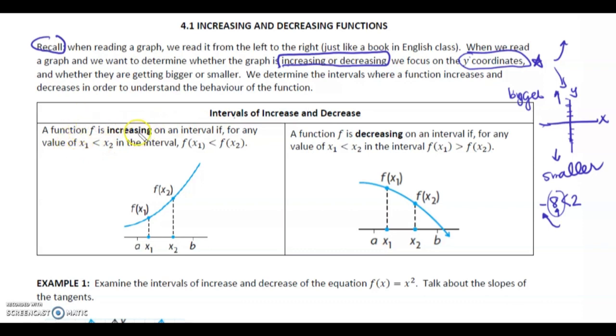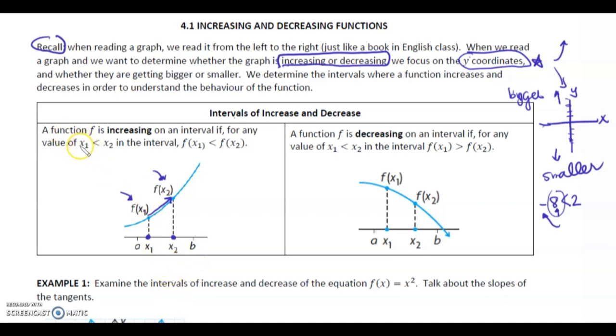A function is increasing on an interval if for any value of x1 and x2, if we have f at x1 and then f at x2 and we compare this, f at x1 is smaller and f at x2 is bigger, okay?